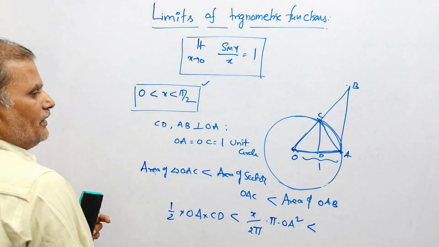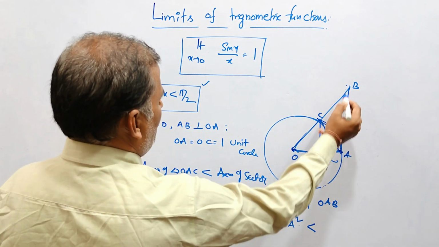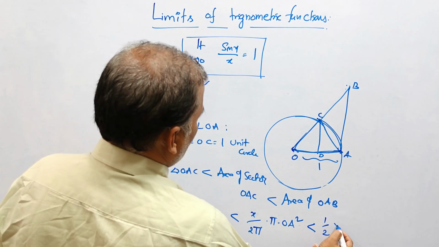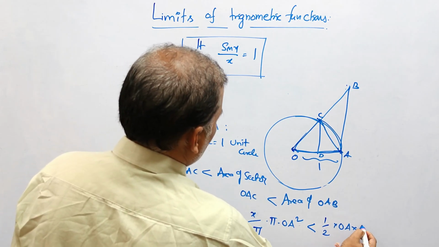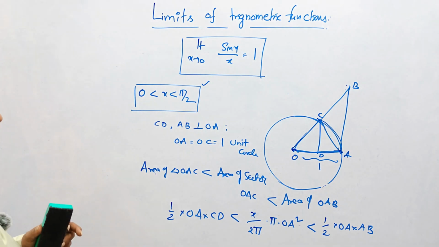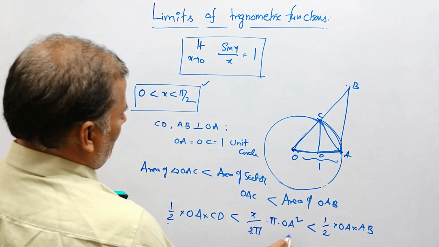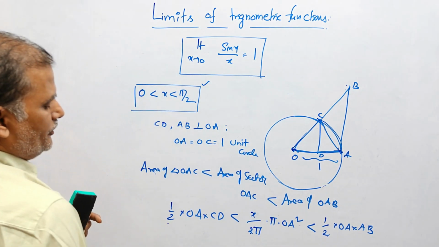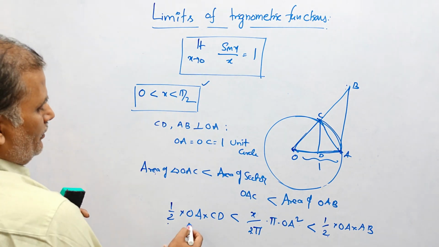And again area of triangle OAB is half into base into height. Thus by concluding this, the halves are cancelled here.